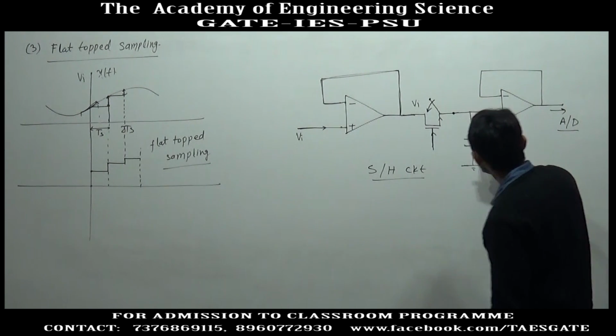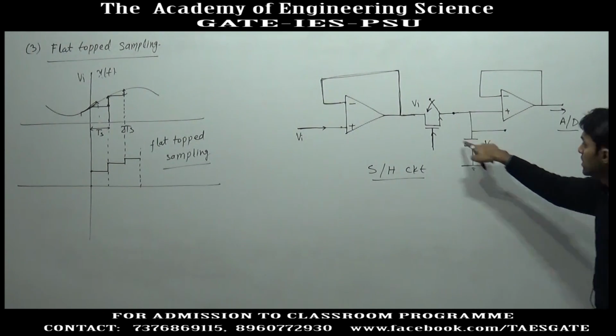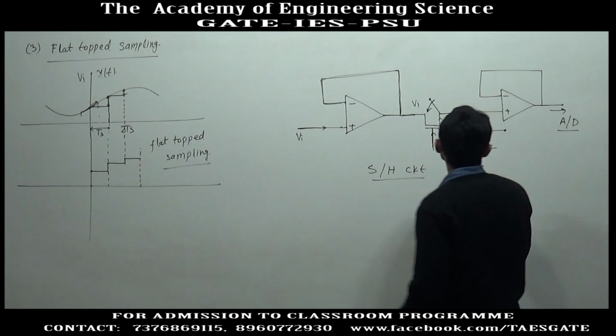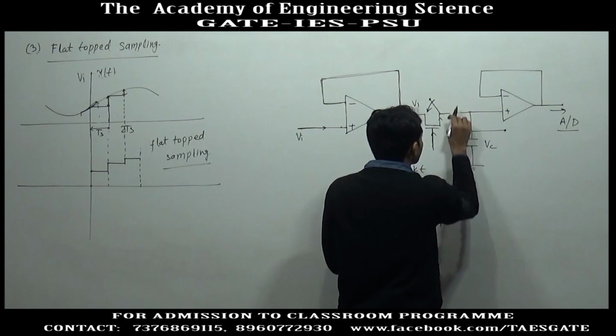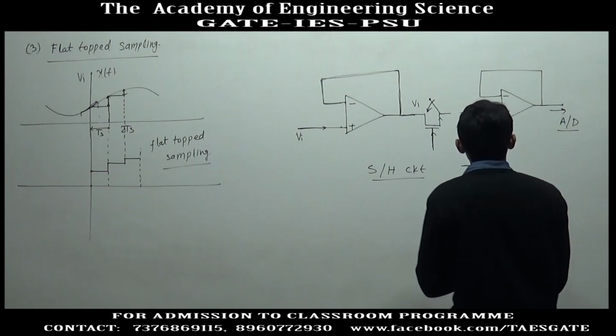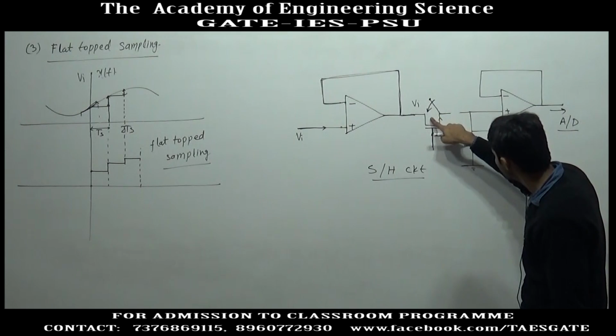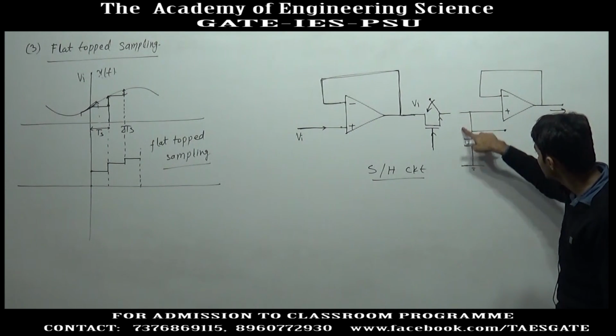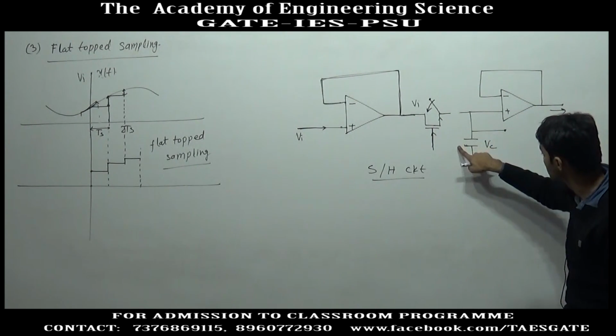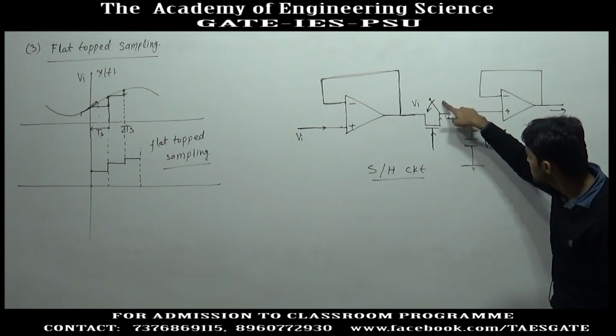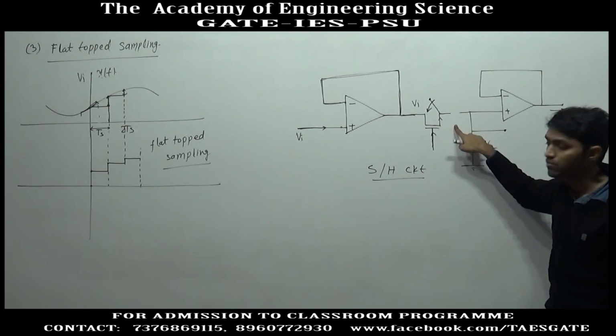So, the capacitor is charged with the input voltage. Now, when the switch is closed, the current can flow through this path. So, as soon as the switch is closed, the capacitor voltage will become the input voltage.